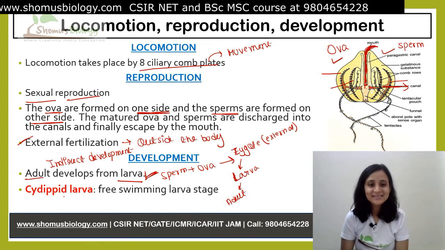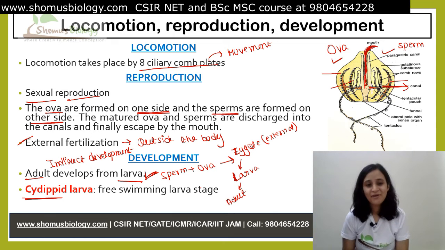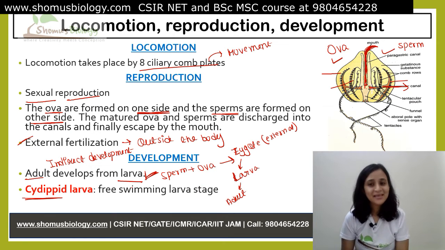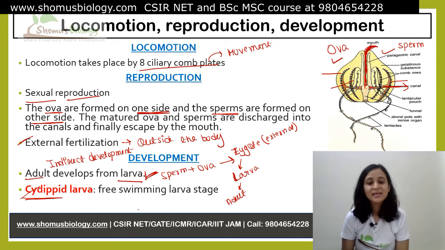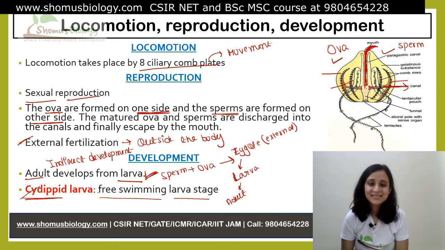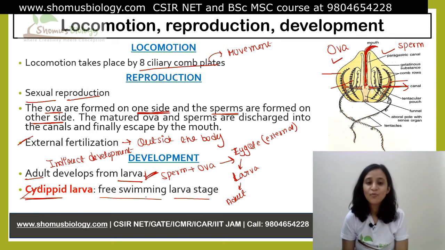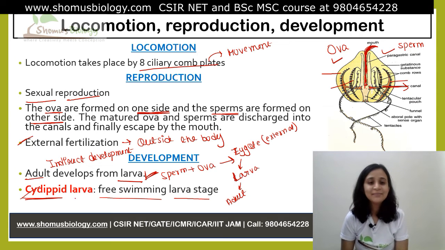And in this case the name of the larva is Ctenophore larva. So you need to remember the name Ctenophore larva. It is the free swimming larval state. So this larva can swim in the water. It is the free swimming form and it is Ctenophore larva.